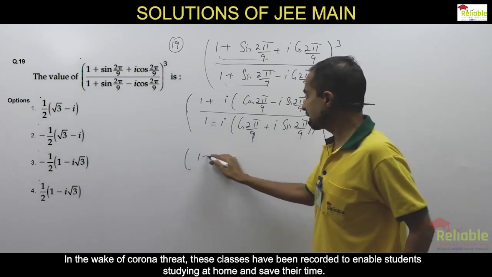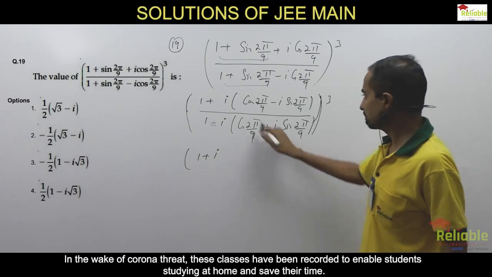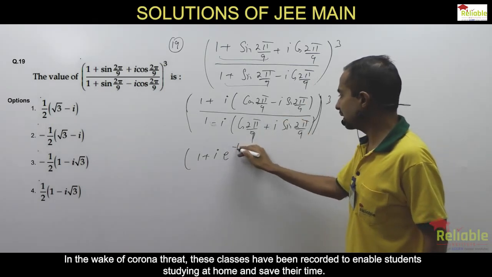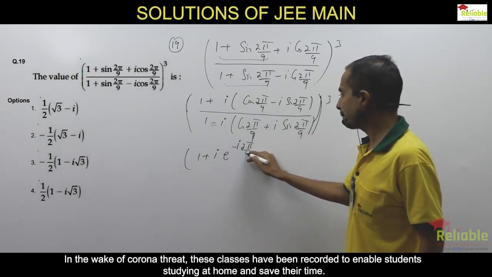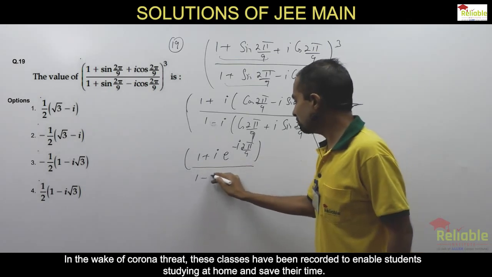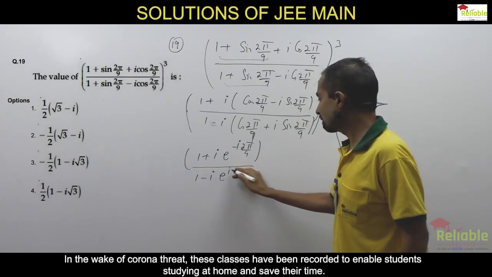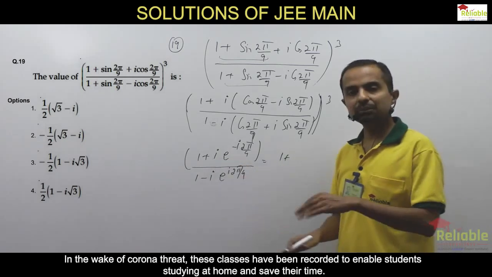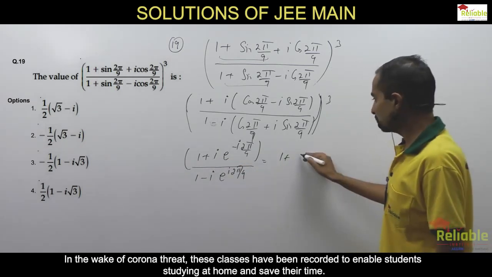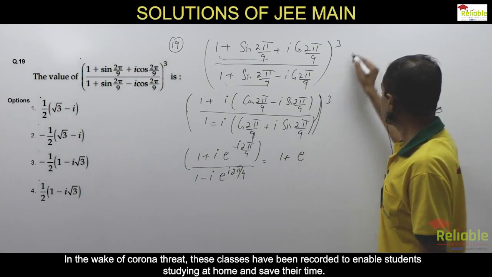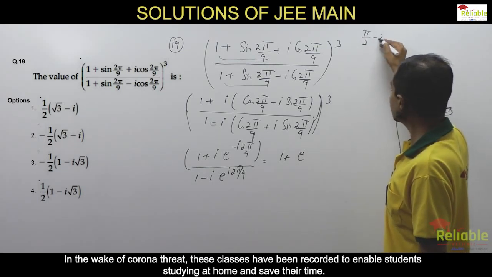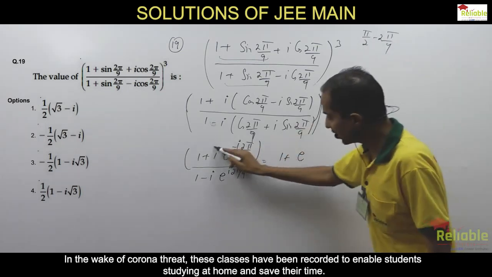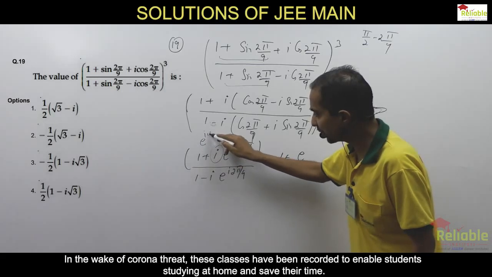So what you can write it as is 1 plus iota, this is minus 2 pi by 9, and 1 minus iota 2 pi by 9. Iota is nothing but e to the power iota pi by 2. So 1 plus, so pi by 2 minus 2 pi by 9. I am writing iota as e^(iota pi by 2), right?